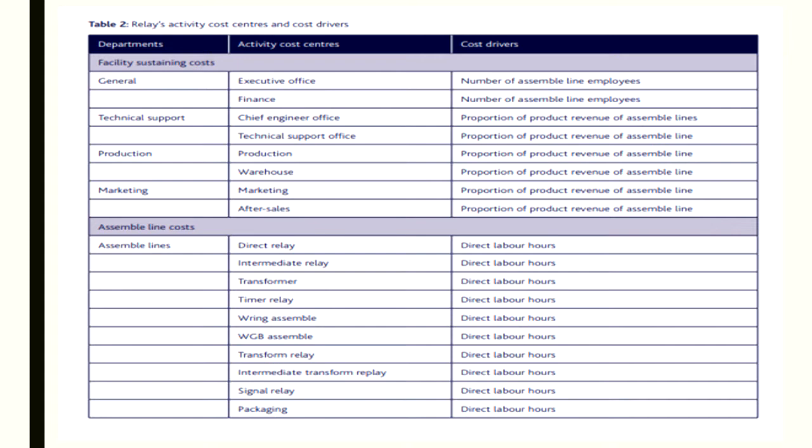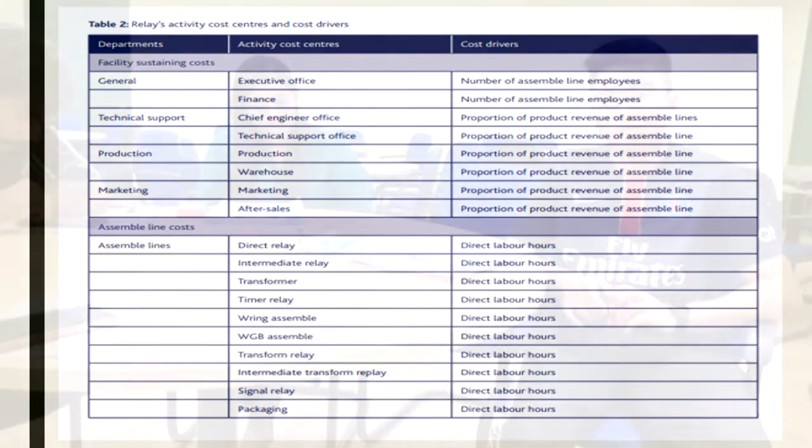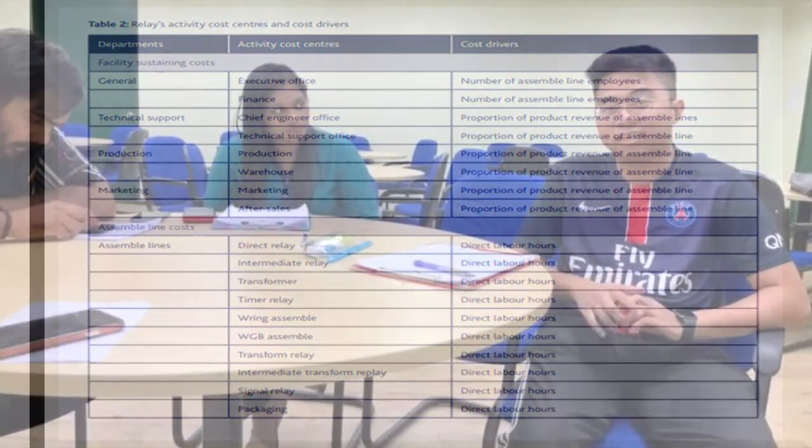Under facility sustaining cost, there are the general department, technical support, production department, and marketing department, and under example line cost, there is only one department, which is example lines. There are various activities in these departments, but most activities are in the example lines.